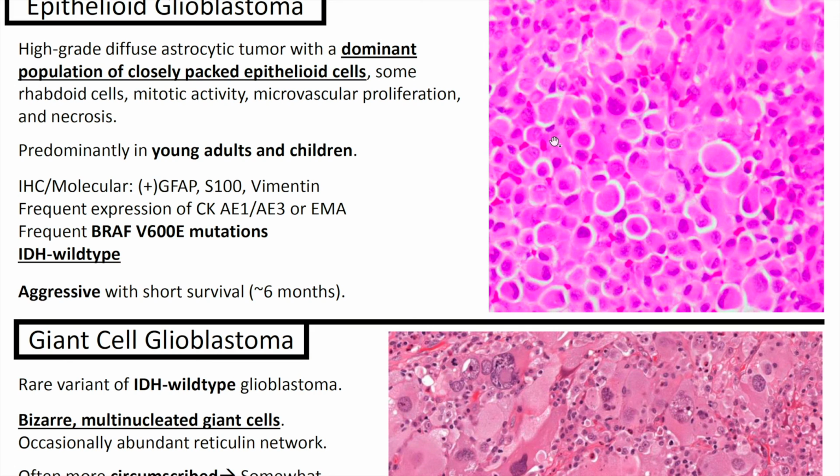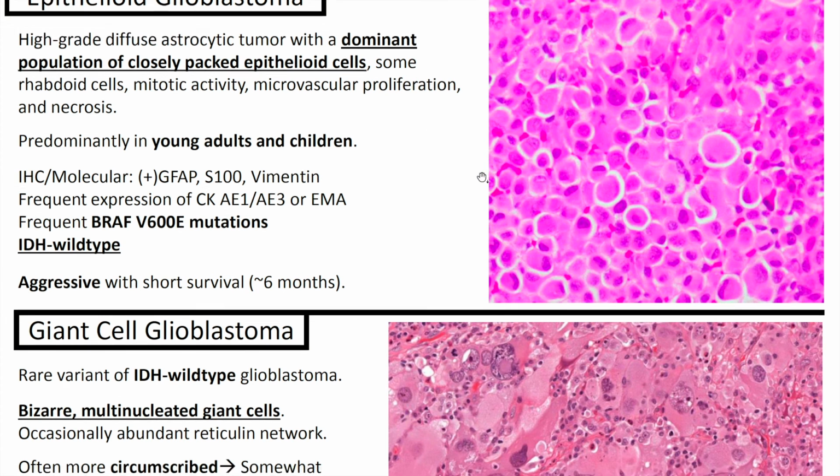For IHC and molecular, some of the same themes we've already discussed. You're going to have positive GFAP, S100, vimentin, with frequent expression of the cytokeratins AE1/AE3 or EMA. And frequently, epithelioid glioblastomas are going to have BRAF V600E mutations and are going to be IDH wild type. So these are pretty aggressive with a short survival of about 6 months.